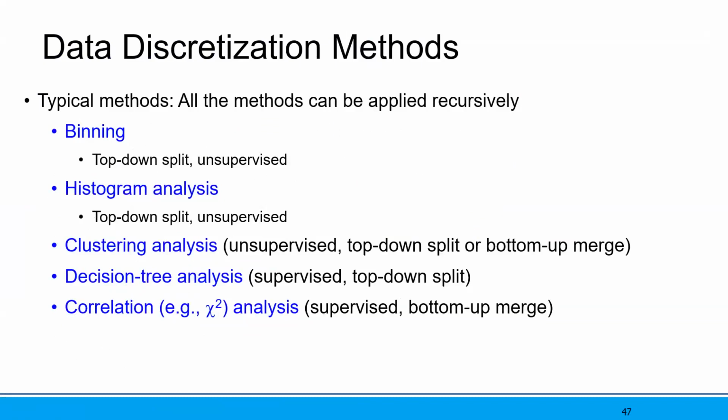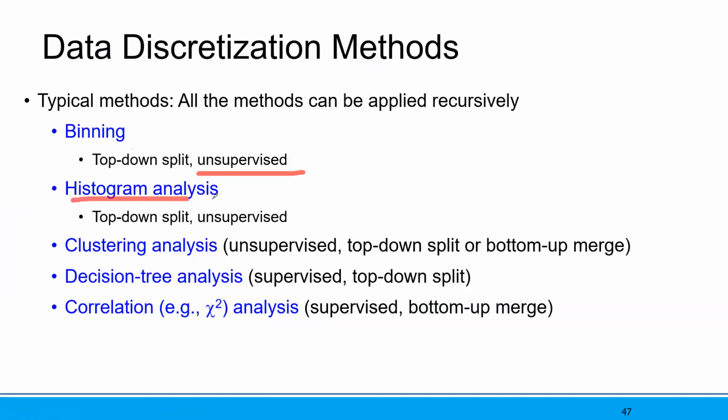We have the data, and then we set how many intervals or how many bins you want. That's what we call top-down, because we need to determine. And it is unsupervised. Unsupervised means we do not know what are the labels, what are the categories. So we just want to split based on some values.